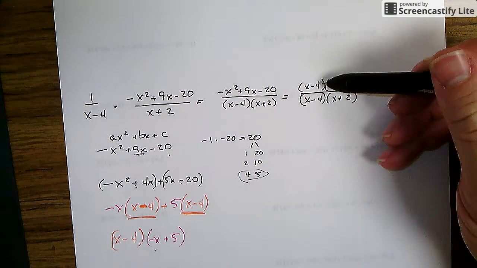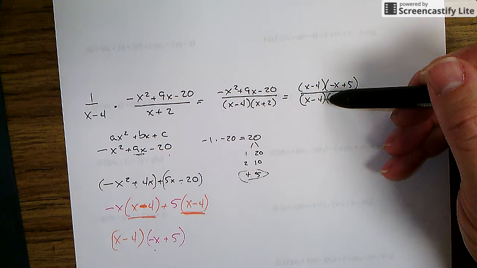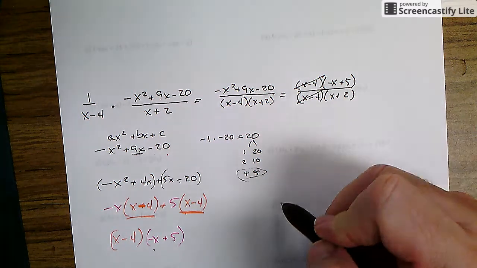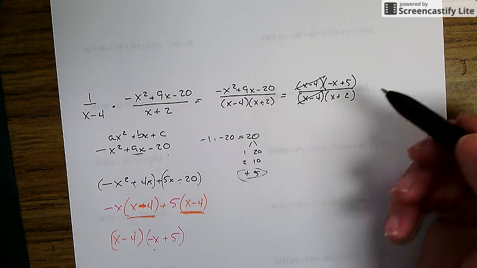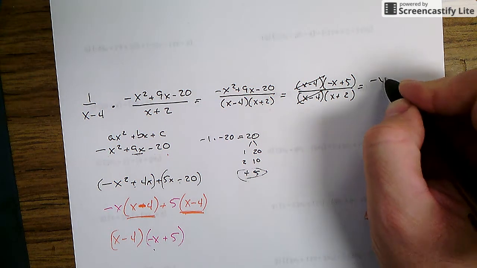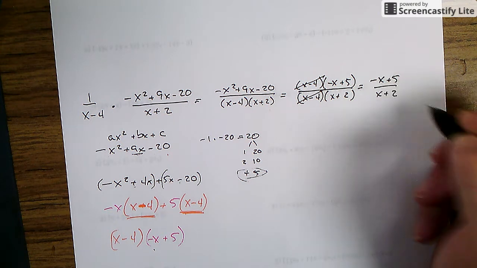Now, we have this x minus 4 expression in the numerator and this x minus 4 expression in the denominator. This allows us to cancel them out because x minus 4 divided by x minus 4 is 1. And this leaves us with our simplified form, negative x plus 5 divided by x plus 2.